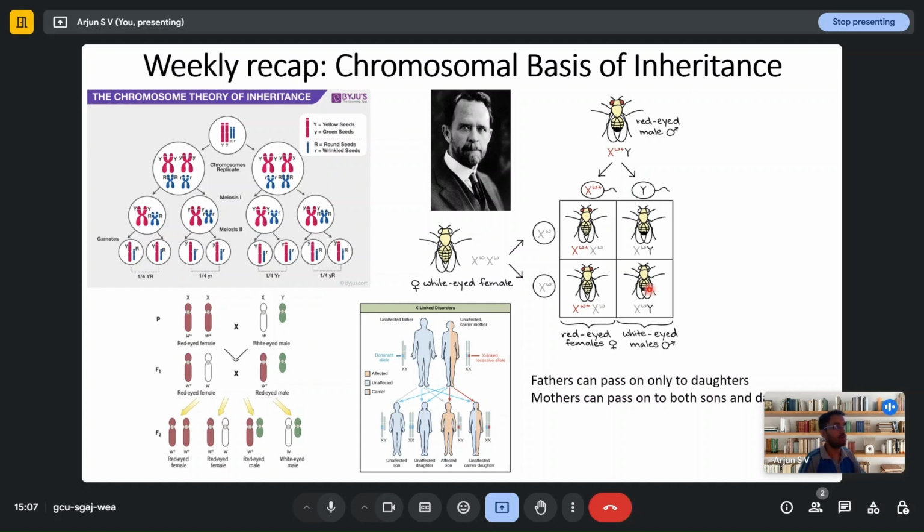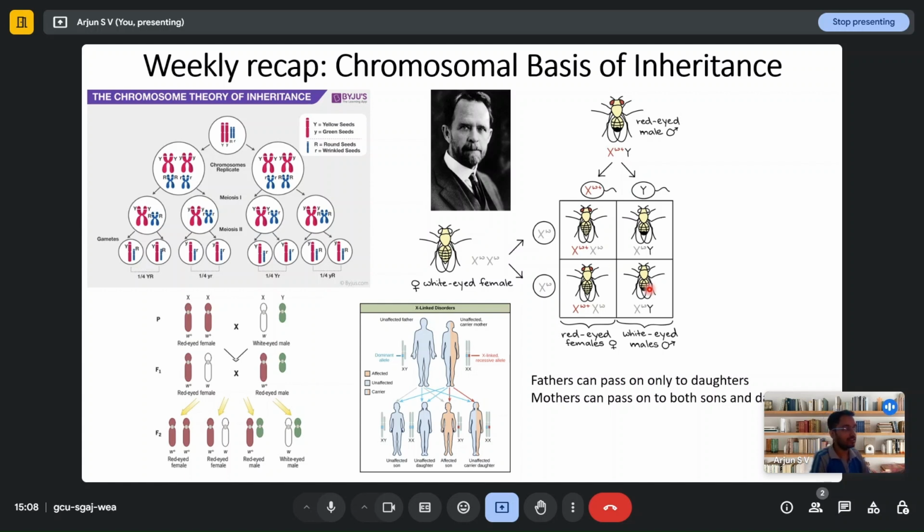So this is what Morgan discovered: that genes on the chromosomes tend to have different properties, and the crosses between different variants, the wild type and the mutants, give rise to different kinds of progeny.